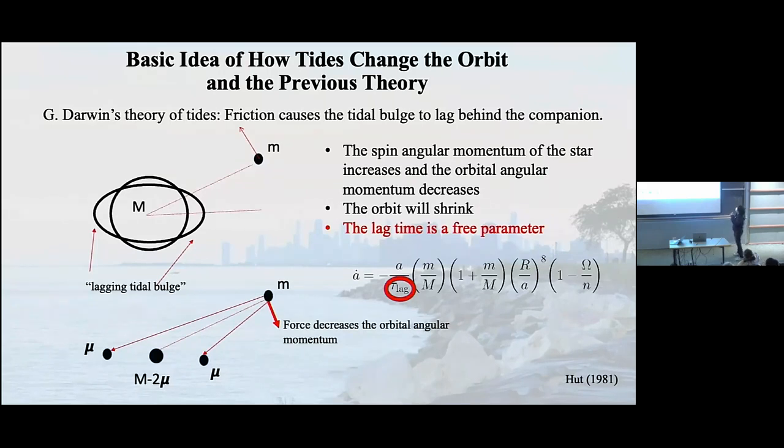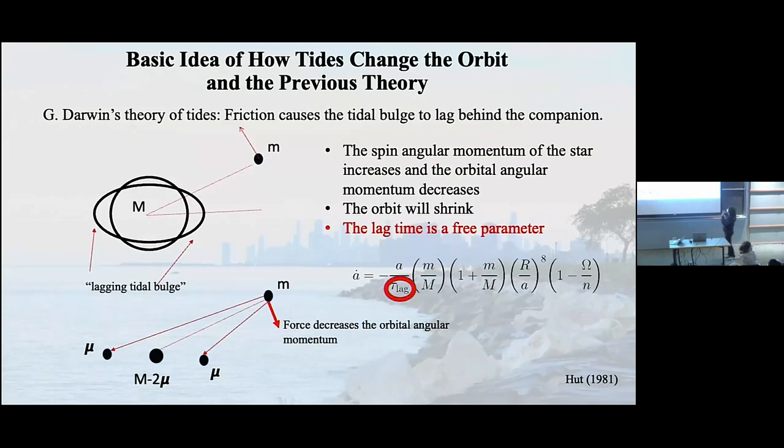Another interesting term here is the last one. The capital omega here is the star spin rate, and the lowercase n is the orbital frequency. For a fast rotating star, when omega is greater than n, that makes this term negative and makes the whole equation positive. That means the system will expand.